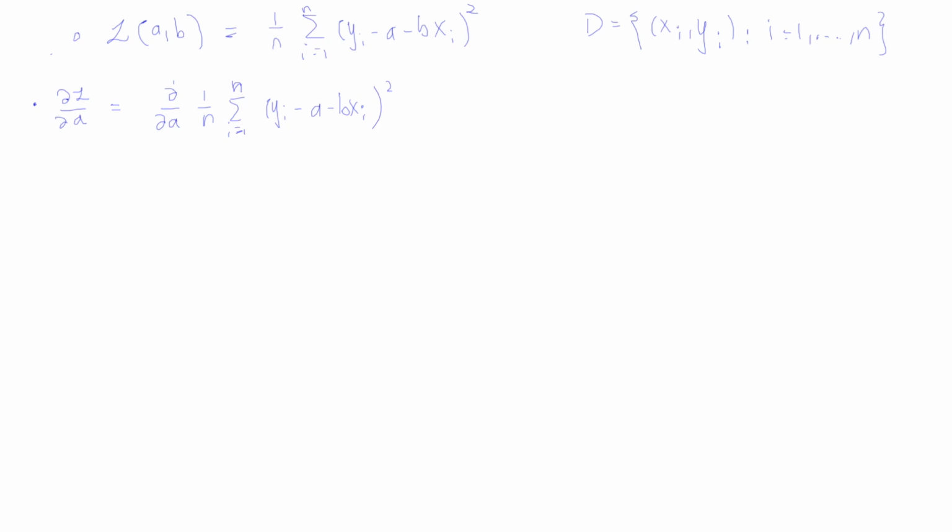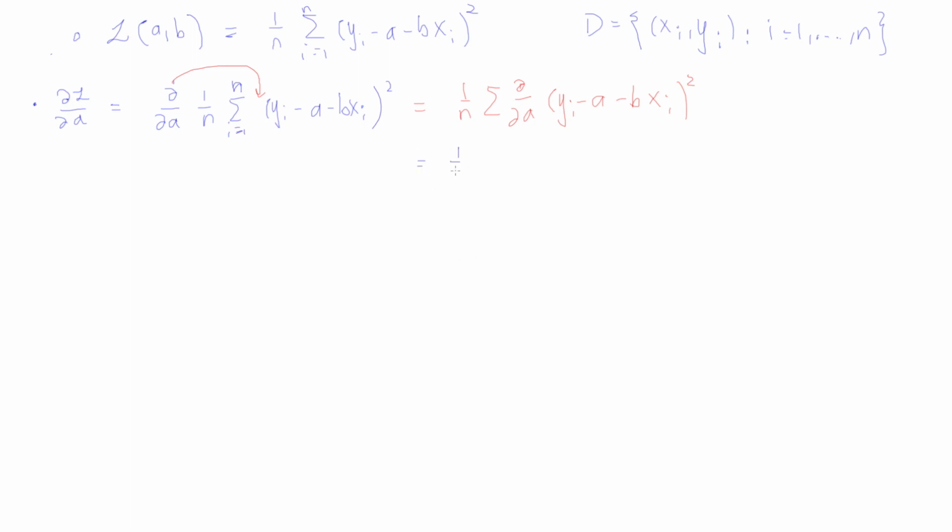The derivative of a finite sum is just the derivative of each individual term. So 1 over n sum d/da of (yi minus a minus b xi) squared. This makes life real easy because this inside part is just a very simple differentiation using the chain rule. Let me go back to blue.